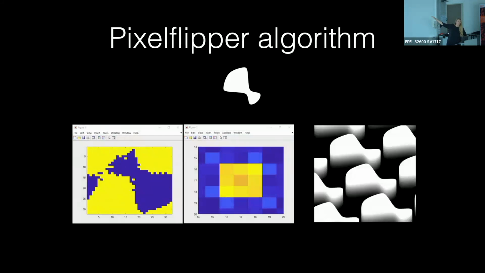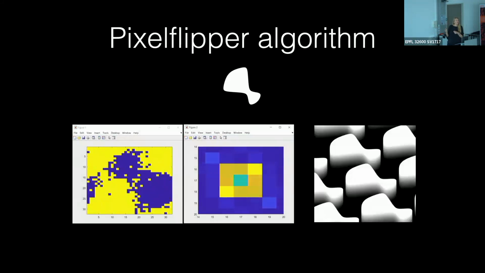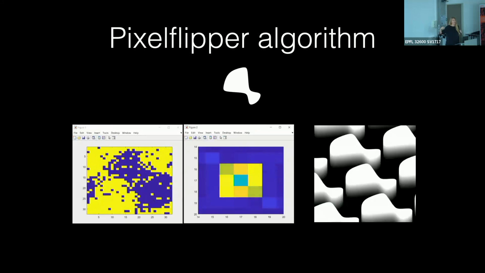So that's a phase grating. So if you want to design a diffractive grating for fun or for science, you can download the pixel flipper and you can give it the target function you want. And if you want an amplitude grating, that's easier to make, where you just make that chrome mask and you transmit and block light. In MATLAB, you give it a 0 for block and a 1 for transmit.